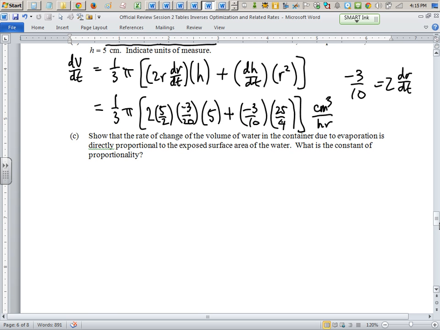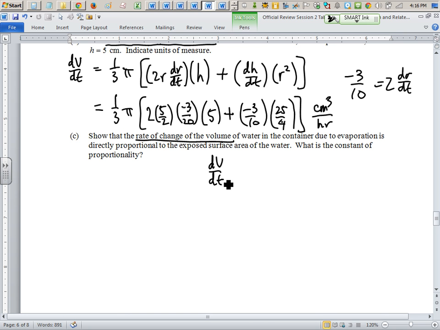There's one more problem on here. They always do this. They throw in one critical thinking problem, okay? Show that the rate of change of the volume of water in the container due to evaporation is directly proportional to the exposed surface area of the water. Wow. Okay, first of all, I taught you how to read this earlier in the year. Rate of change of volume. What's that? Derivative of what? Volume.